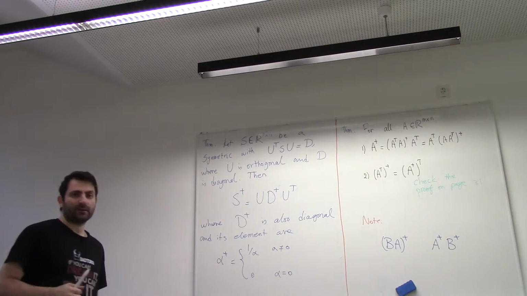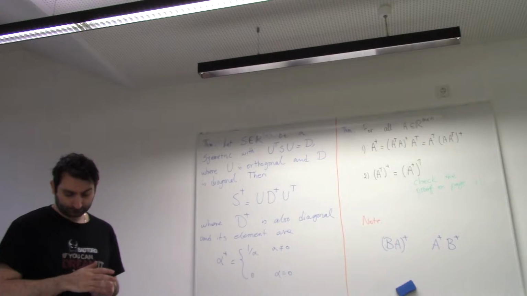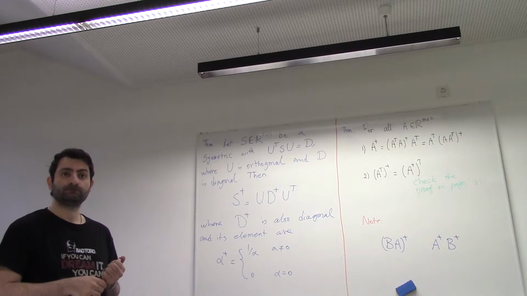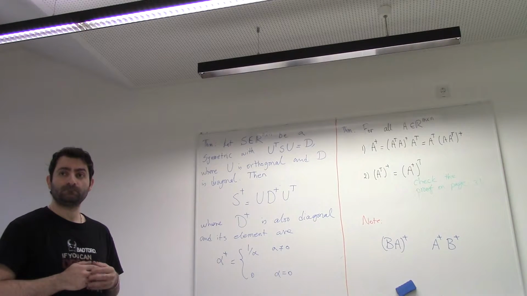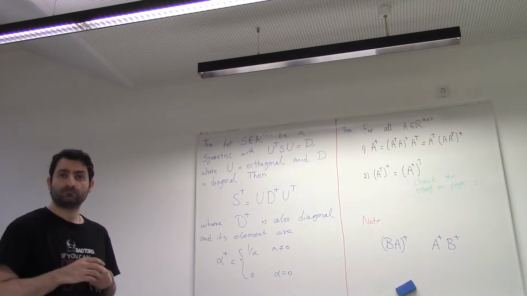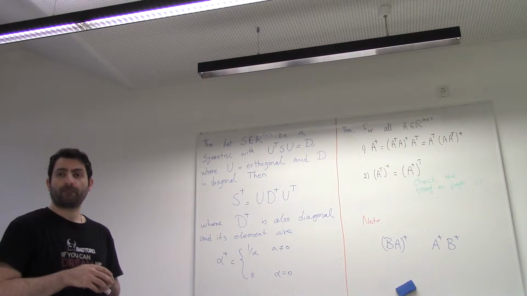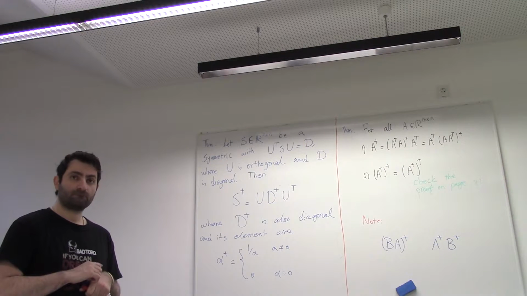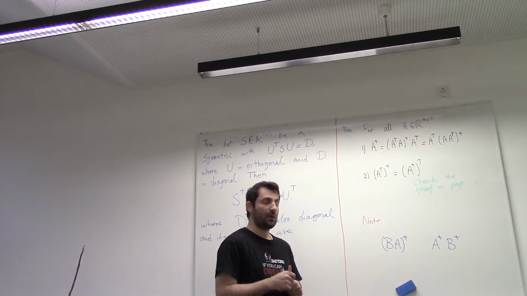What can I say about these two? Hassan, what can I say about these two? Generally, let's start with generally. When we have the transpose, (AB)ᵀ becomes BᵀAᵀ.